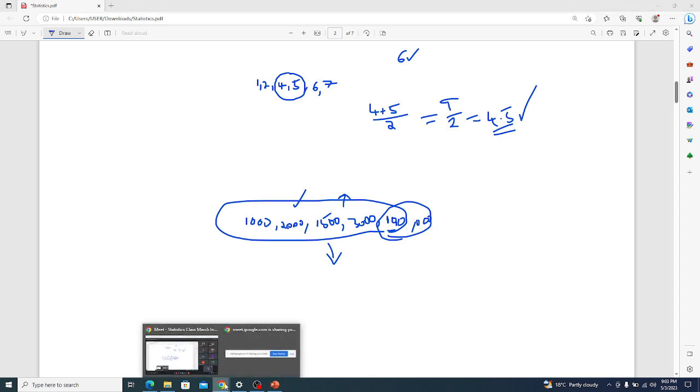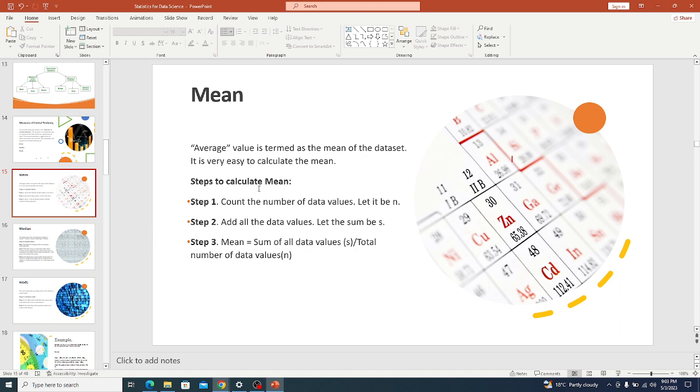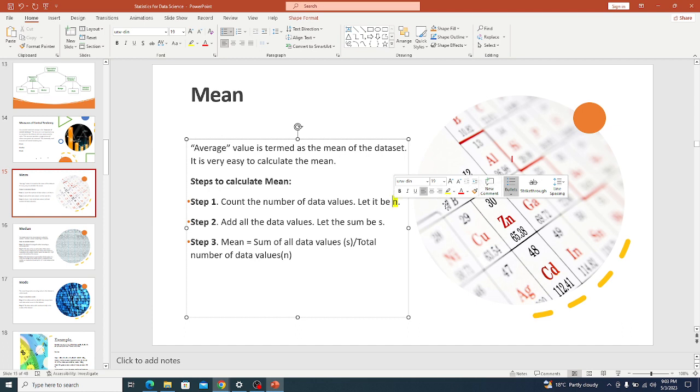Now we can continue with our slides. These are the steps to calculate the mean, for those who might need a recap. Count the number of the values, let it be n. We've said n is our sample size.